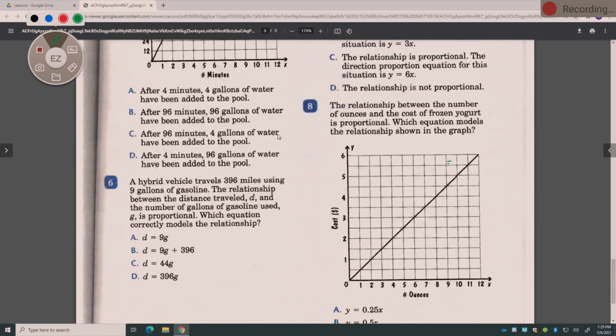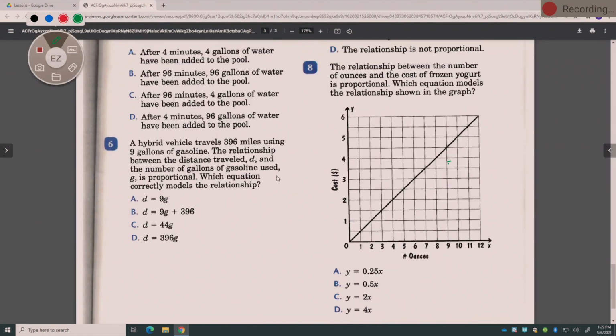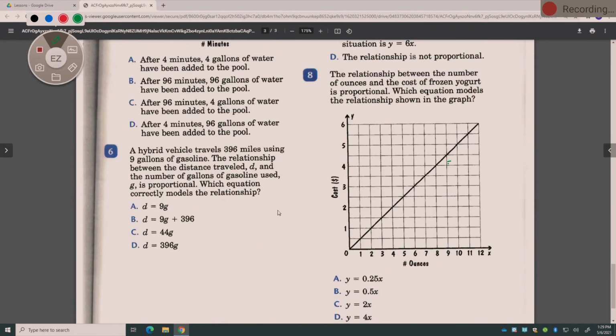Remember, even though I'm only doing a few examples with you, Miss Laura has my answer sheet. And so as you try the other questions and you want to check your answers, she can make that sheet available to you so you can check.